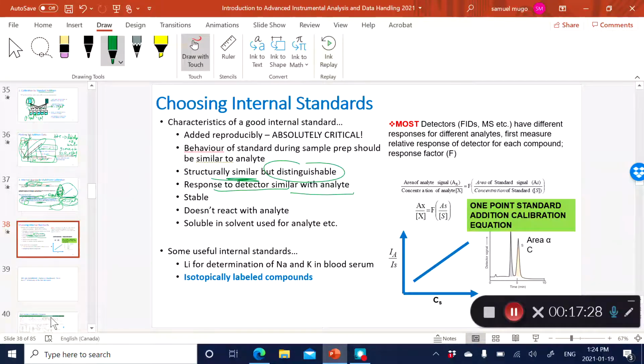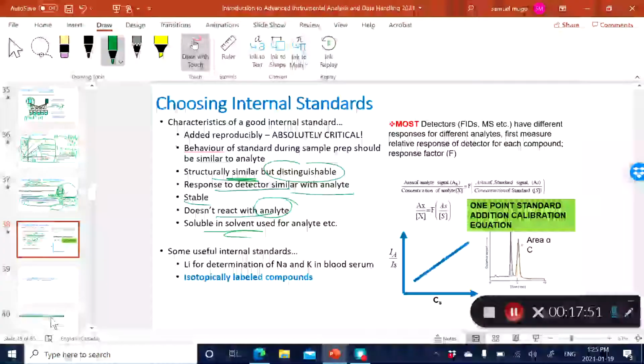Another important thing, it should of course be stable. The internal standard should not interfere or react with the analyte that you're looking for. And of course, simple things, like it should be soluble in the solvent that you're using for the analyte or the standard in this case.